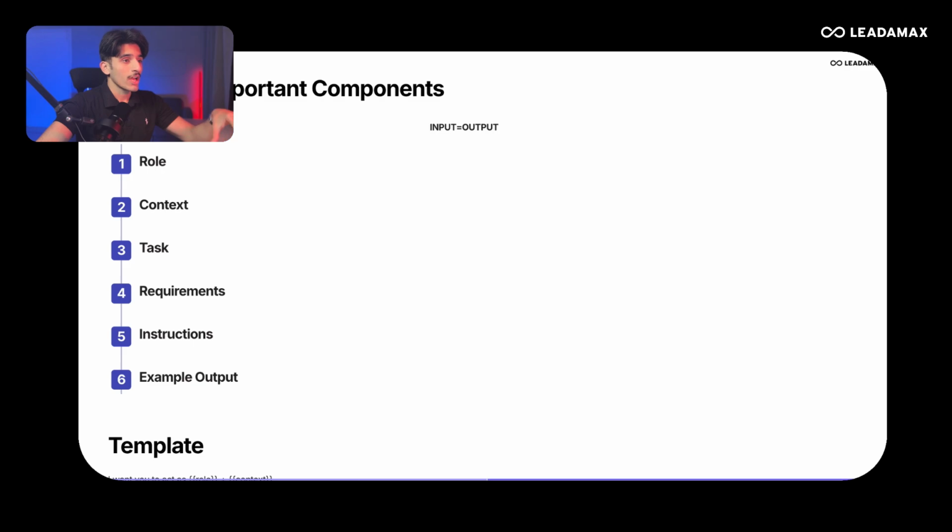The better input you give, the better output you get. So what you want to have is a role, a context, the task you want to give, the requirements, and then instructions and an example output. These are 6 really important points to create a perfect prompt.